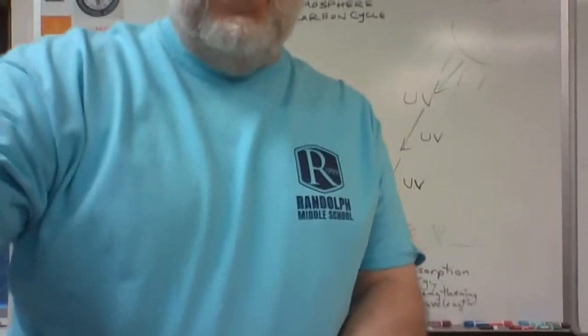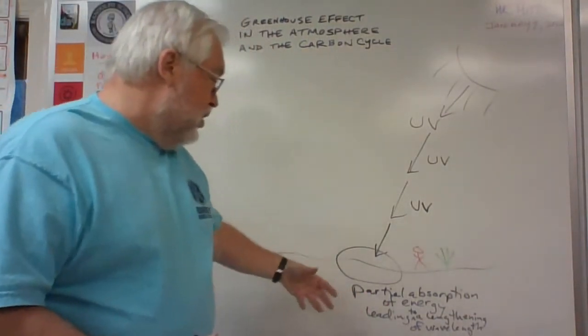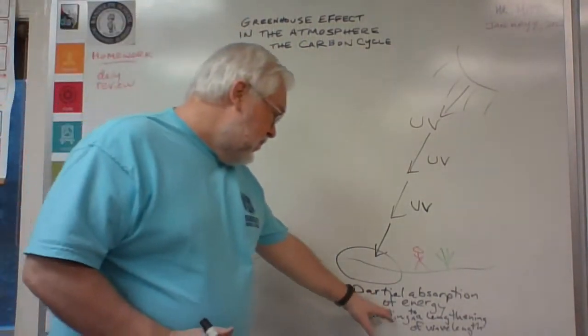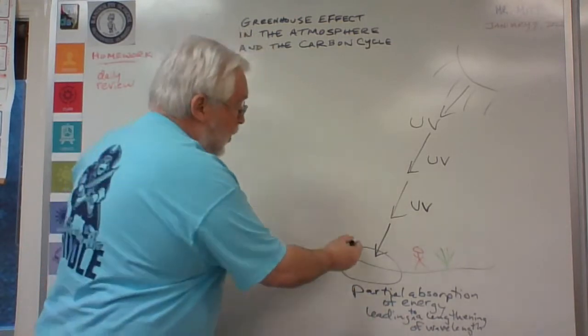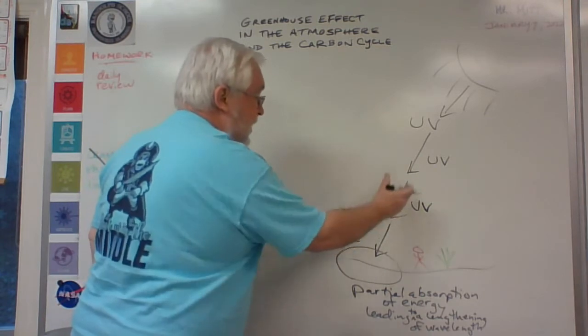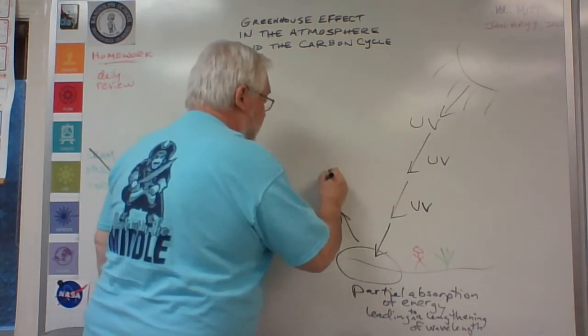I want to make sure that you can see the whole diagram here. This partial absorption of energy leads to a lengthening of wavelength, so that what bounces off of the surface is no longer ultraviolet, but is in fact infrared.